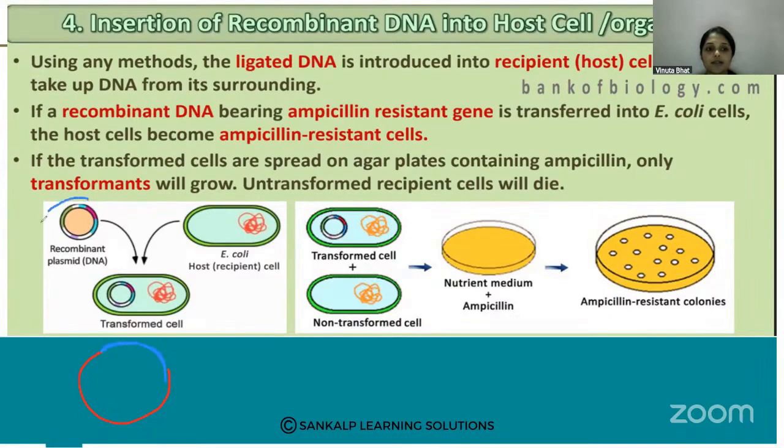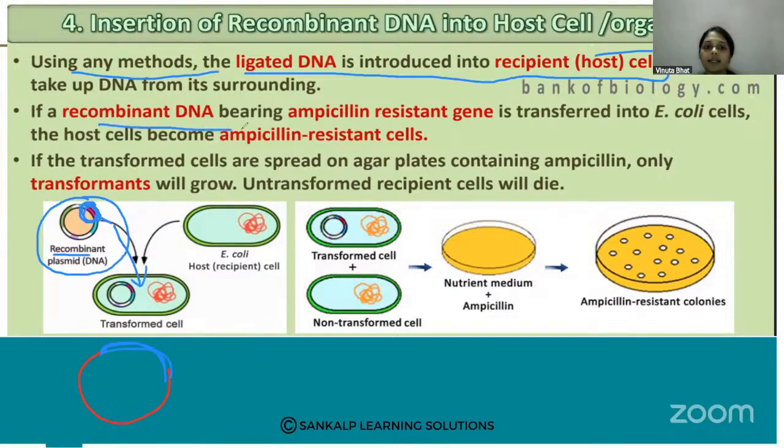Okay, so this is the plasmid which is having the gene of interest. Using any methods, the ligated DNA is introduced into the recipient or the host cell. So here E. coli is the host. Okay, so this recombinant plasmid which is having the gene of interest is transferred to the E. coli. Just imagine that is the host.